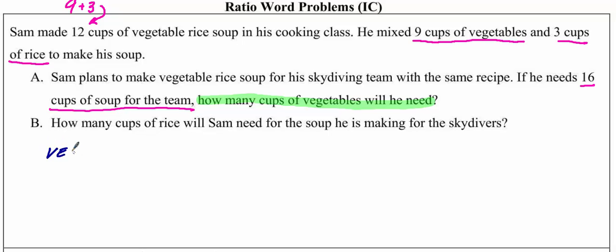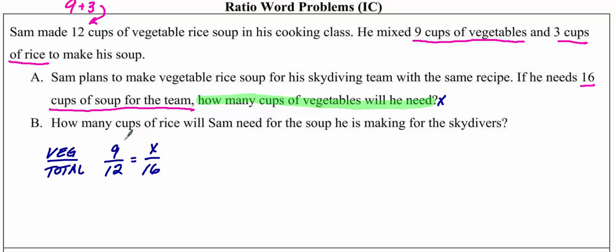So what were the vegetables to the total in the original mix? Well, in the original mix, there were 9 cups of vegetables for every 12 total cups of soup. We know now that he wants a total soup of 16, and the unknown, the x, is how many cups of vegetables will he need?